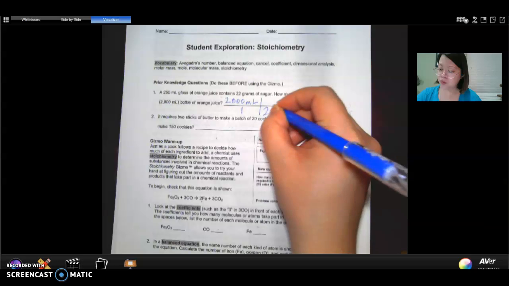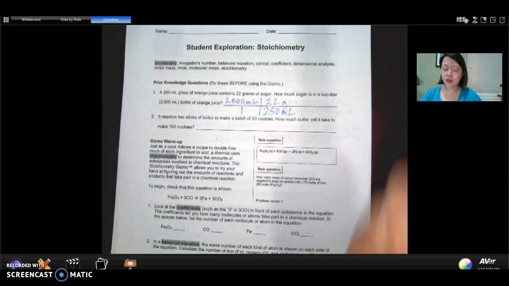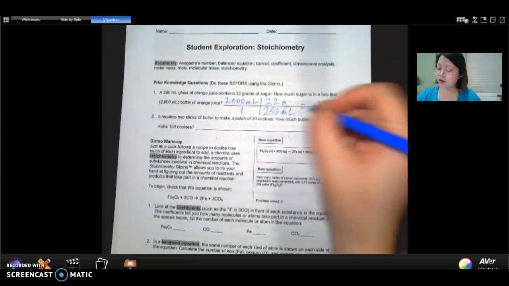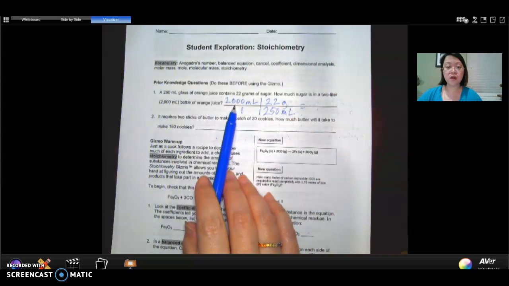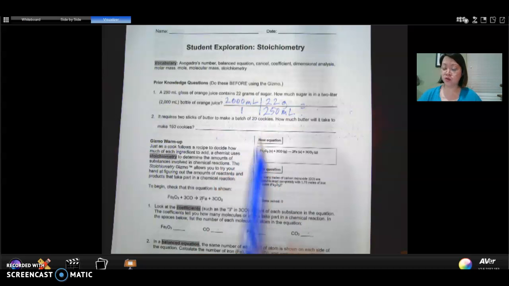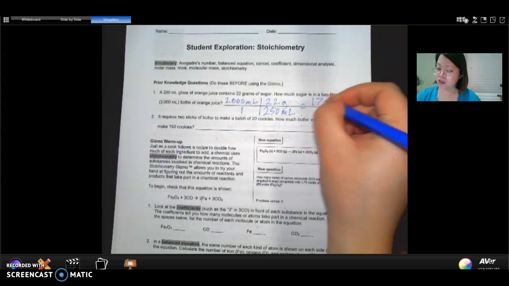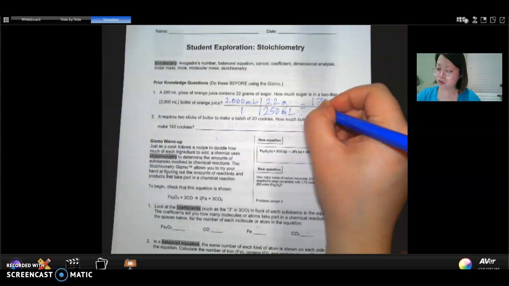So 250 milliliters under 22 grams. When you put this into the calculator, you're going to take 2,000 milliliters and then multiply that times 22. And then whatever you get from that gets divided by 250. And so your answer is going to be 176 grams of sugar.